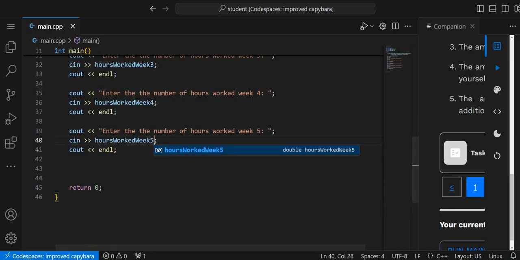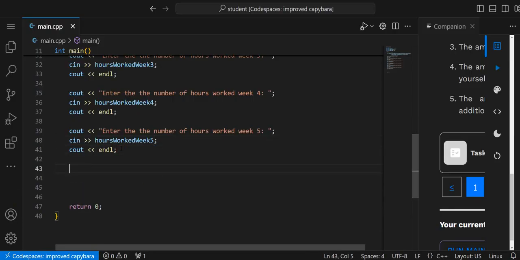Alright, so we got those 5, now we got to do our math. Let's see, yep.